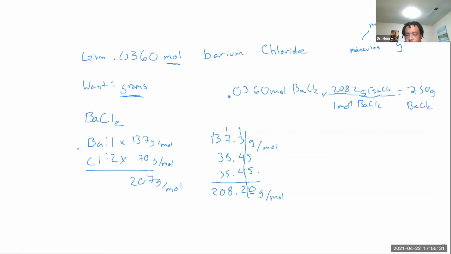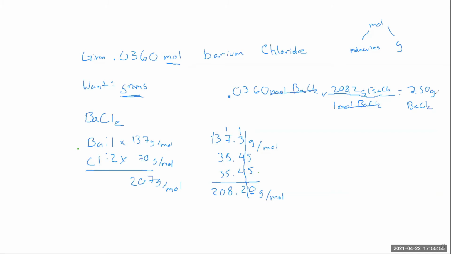Yeah, we crossed out the moles of barium chloride with dimensional analysis. And how come it's 7.50, not like 7.502? That's because I rounded up and I just need 3 sig figs.